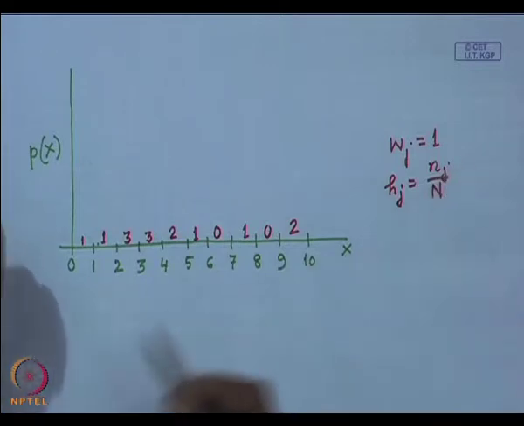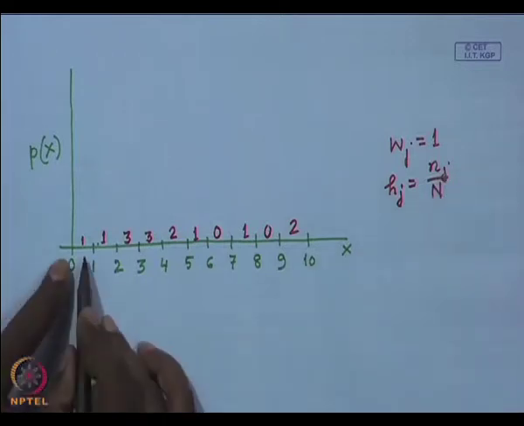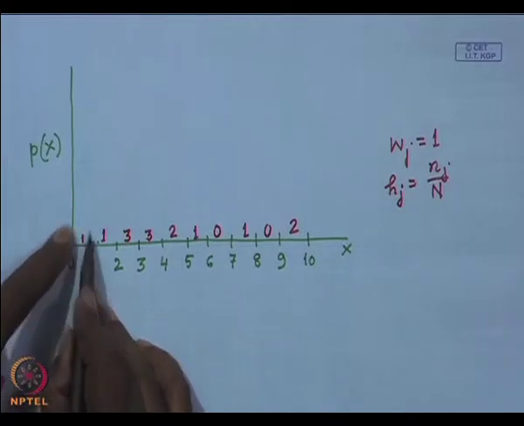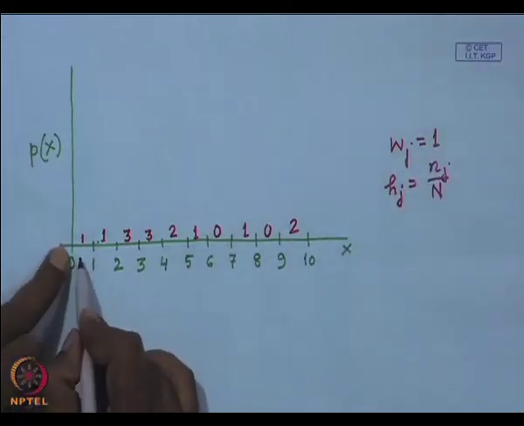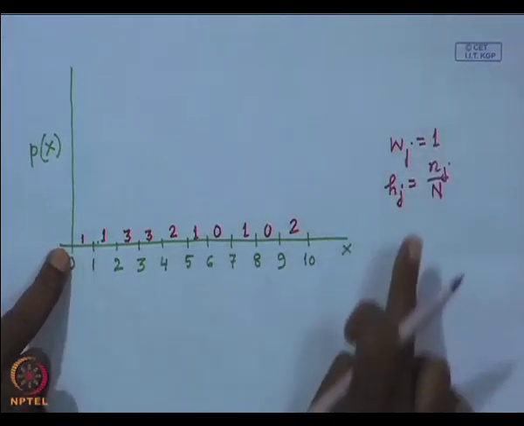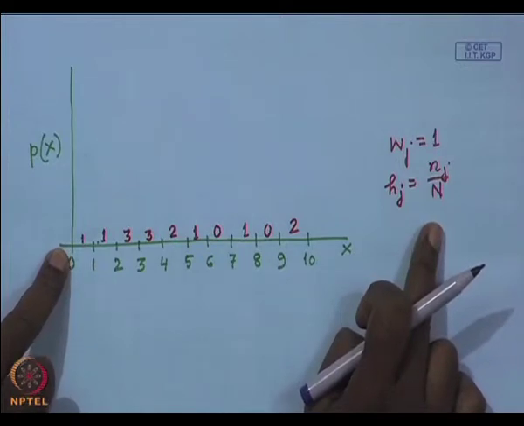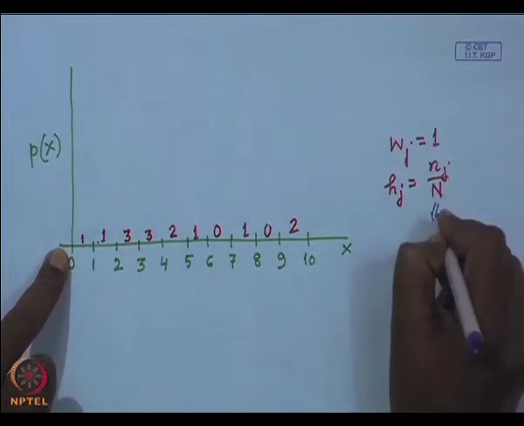So, if you follow this, within this 0th bin I will have a probability estimate which is nothing but 1 by 14, because only one sample is falling in this bin, and the total number of samples, capital N, is equal to 14.